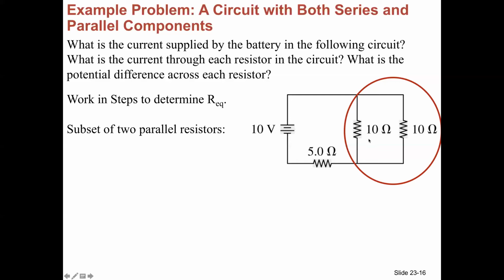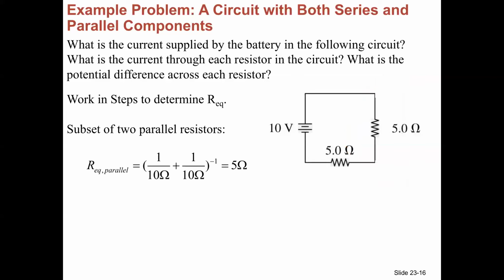So for instance here, these two parallel resistors, that's what I see first. I could replace those with an equivalent. And if I work that out, 1 over 10 plus 1 over 10 gives me 1 over 5. Inverting that gives me 5 ohms. So I can replace these two parallel 10 ohm resistors with one 5 ohm resistor.